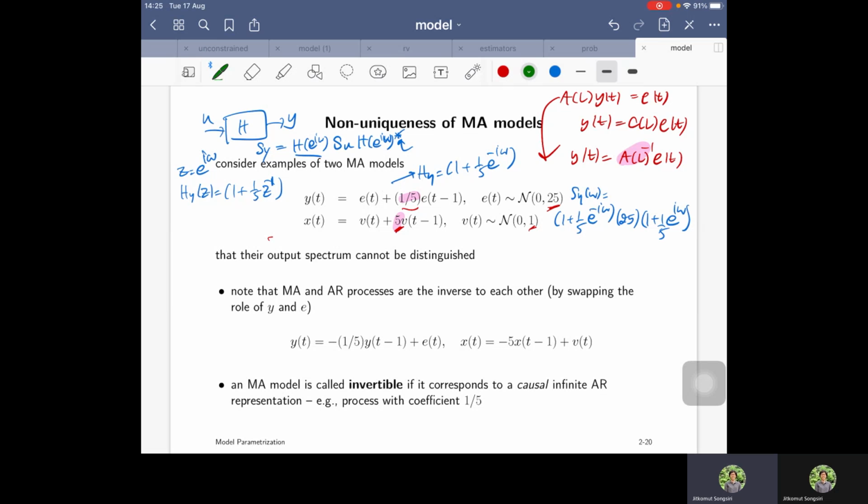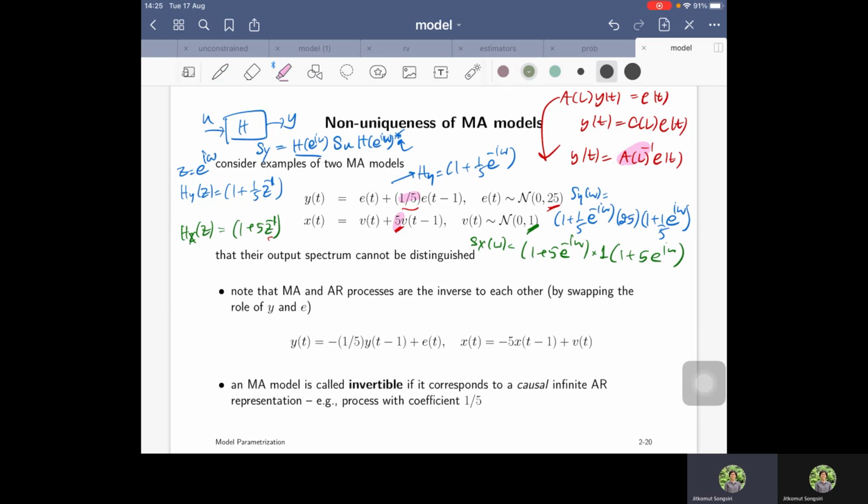What about the spectrum of X? Let me sketch here. The transfer function of X is going to be 1 plus 5 z to the minus 1. So the spectrum of X would be 1 plus 5 e to the minus i omega times 1 times 1 plus 5 e to the i omega.